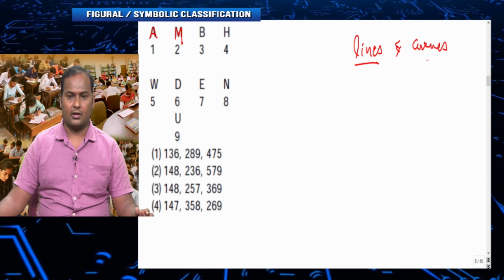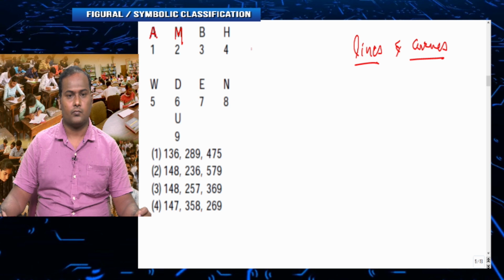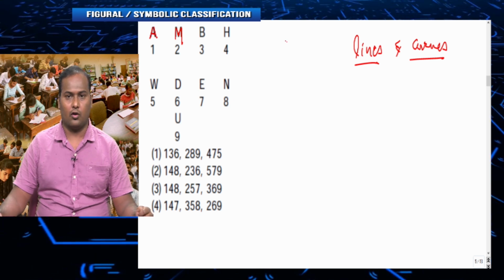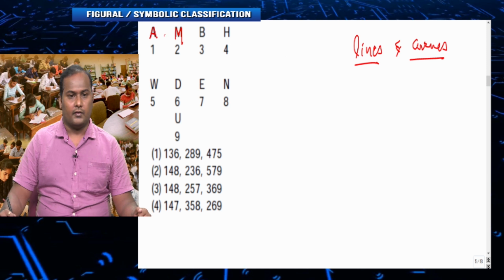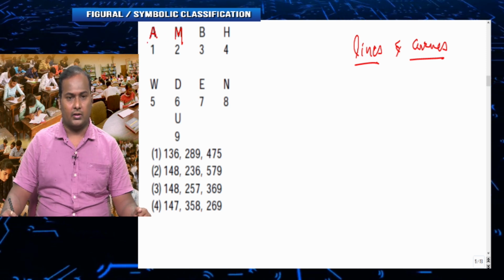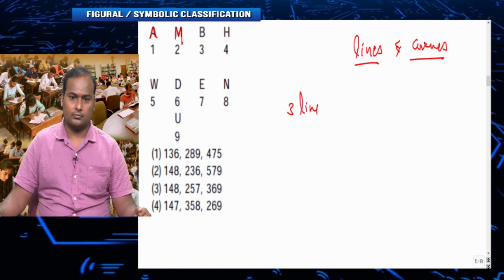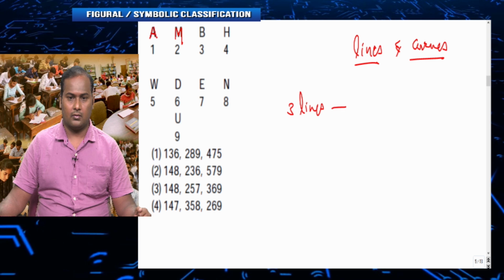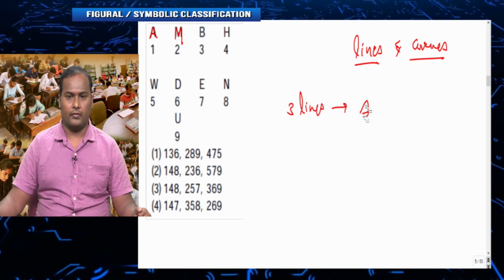Based upon the characters of lines and curves, this question is grouped. Let's check how many lines and curves there are. A is formed with 3 lines, that is figure 1.